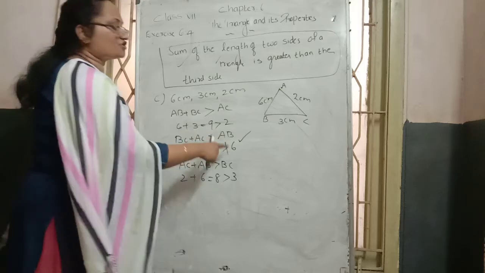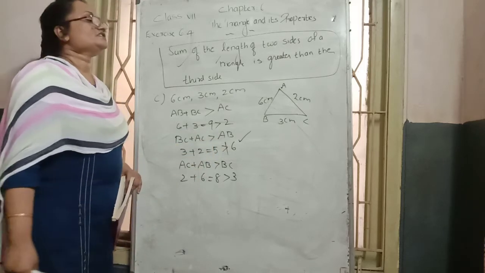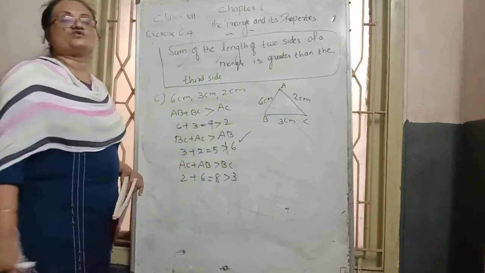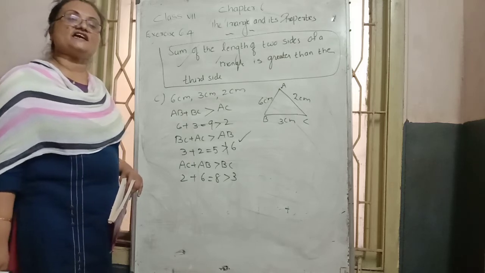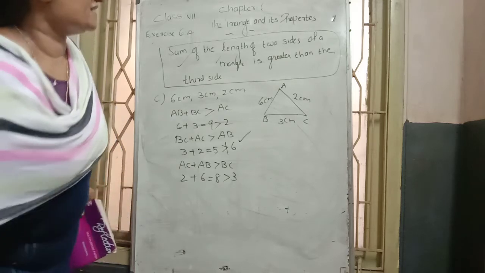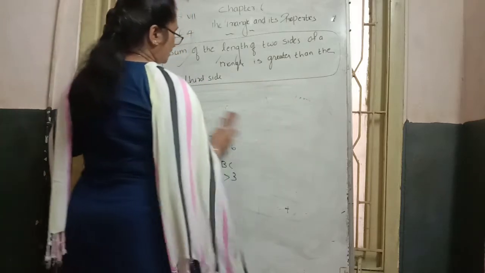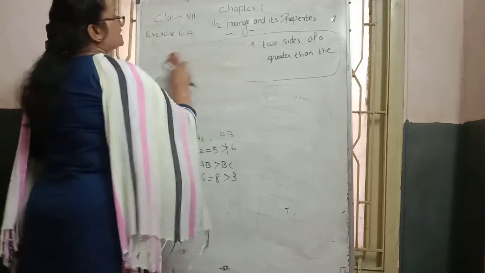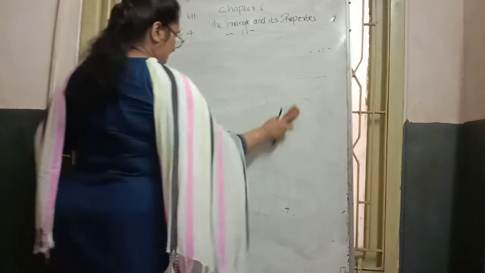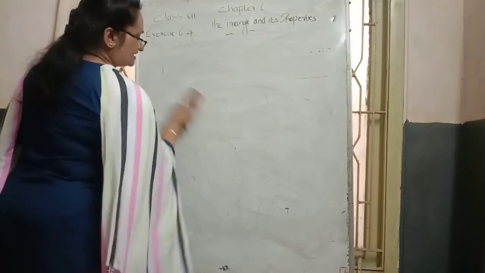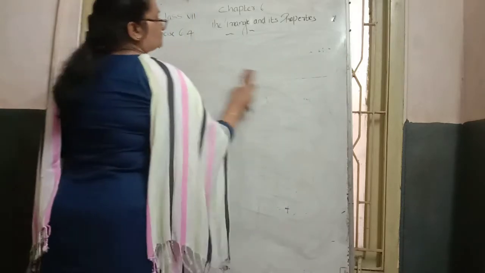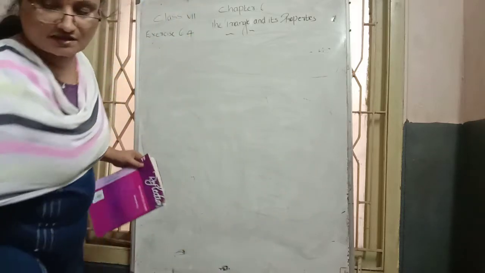That condition is not satisfied. Therefore we can say it is impossible to draw a triangle for the C question. Then next, these are the related questions for the first Roman numeral. Next we go through another question.